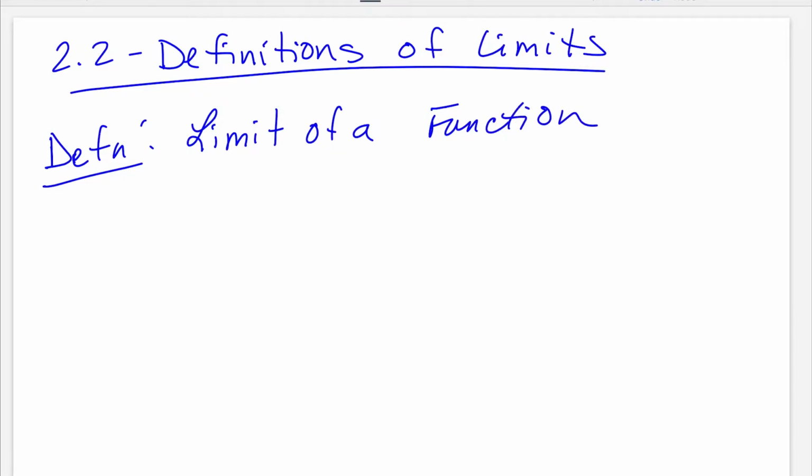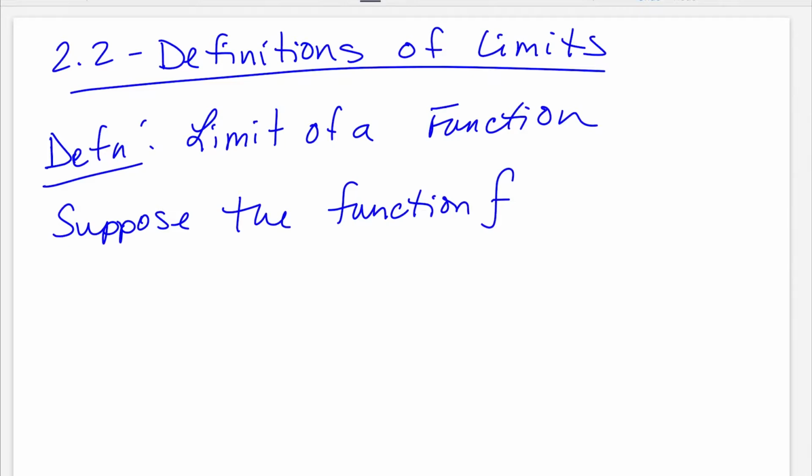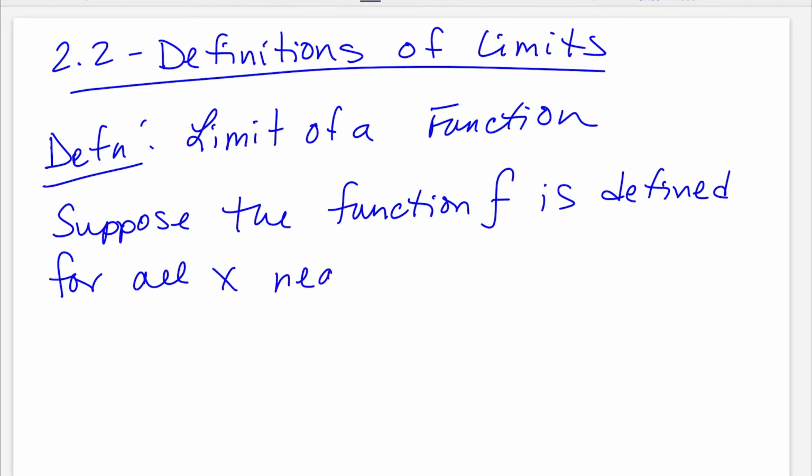Okay, so suppose the function f is defined for all x near a, except possibly at a. That's a big deal.